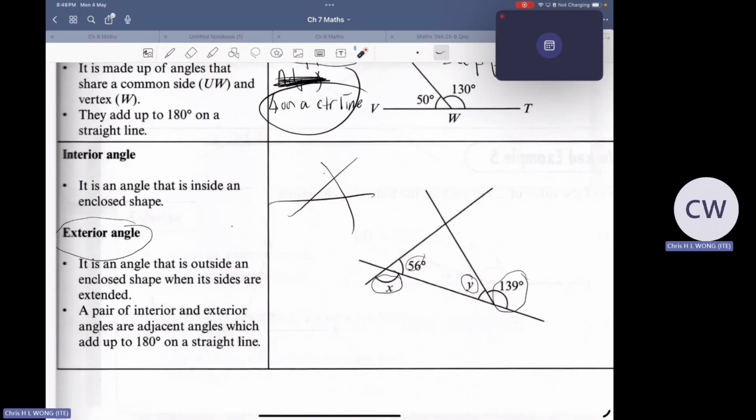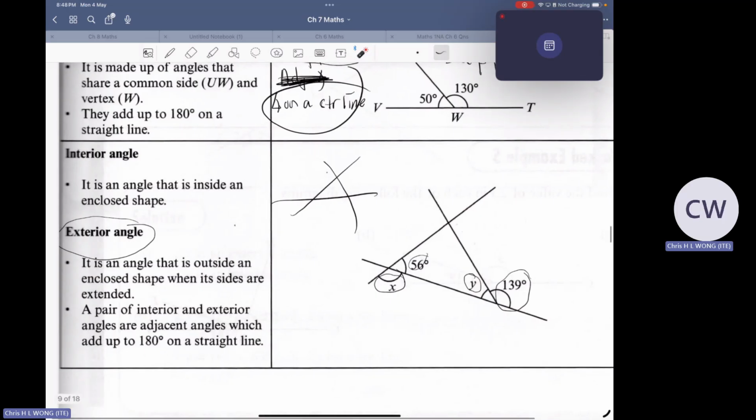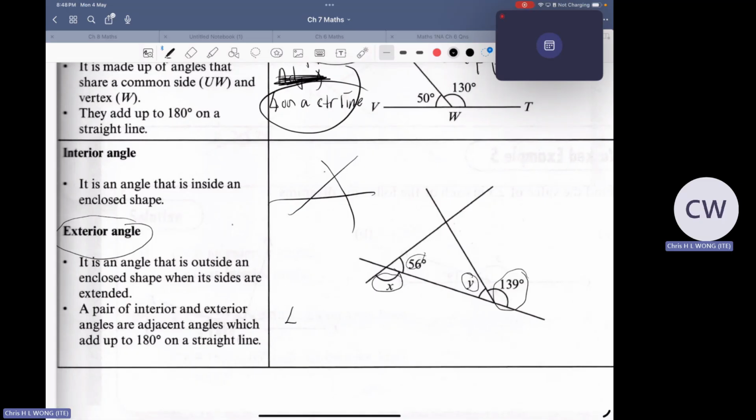Now I test you. If I say angle y is equal to 180 degrees minus 139, what is your reason?